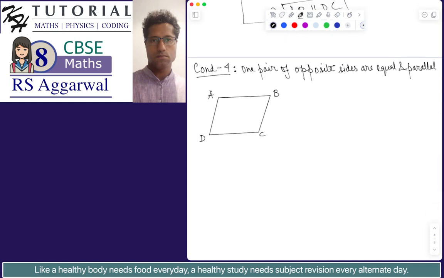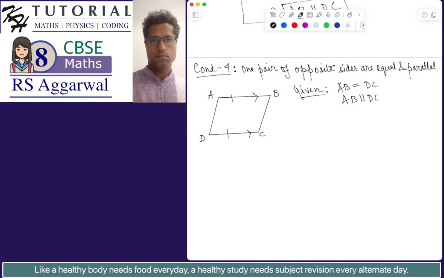The condition 4 is that if one pair of opposite sides are equal and parallel, then also the quadrilateral will be a parallelogram. So without any loss of generality, let's say we are considering that AB is equal to DC and also they are parallel. Given that AB is equal to DC and AB parallel to DC, from these two facts we have to prove that this quadrilateral ABCD is a parallelogram.